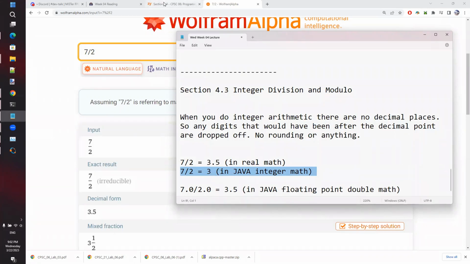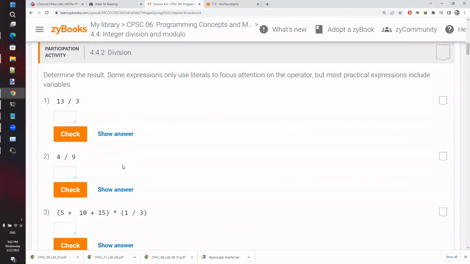Okay, so when we're doing this, if you grab a calculator, so I'm just doing this on a pocket calculator here, if I do 13 divided by 3, I get 4 and a third, which as a decimal is like 4.33333 forever. But guess what? If we are doing integer arithmetic, you just take everything after the decimal point and delete it.